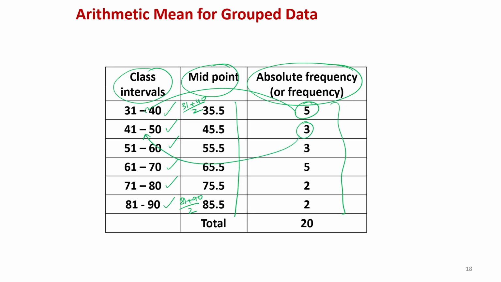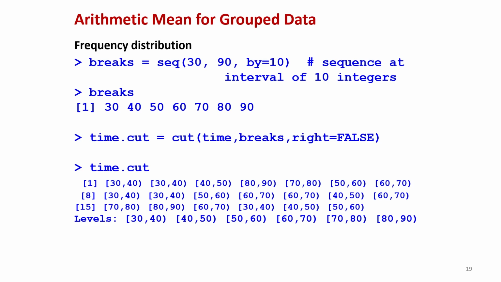But this I did manually, and you can recall that when we created the frequency distribution table for the continuous data, we used the concept of breaks and cut to create the frequency table. The idea was that the table command is used to create the absolute frequency in case of attributes or qualitative variables.